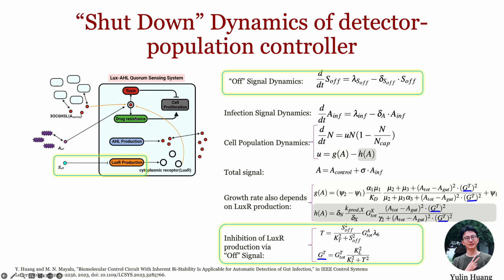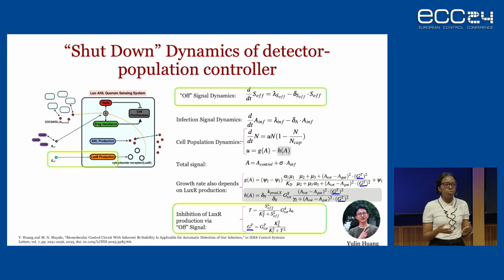So in the absence of drug resistance, since there are antibiotics or drugs present in the environment, those will in fact kill off the cells, and there will be nothing to stop them from dying out completely. That's the main idea of how the off switch, which is irreversible, is implemented.